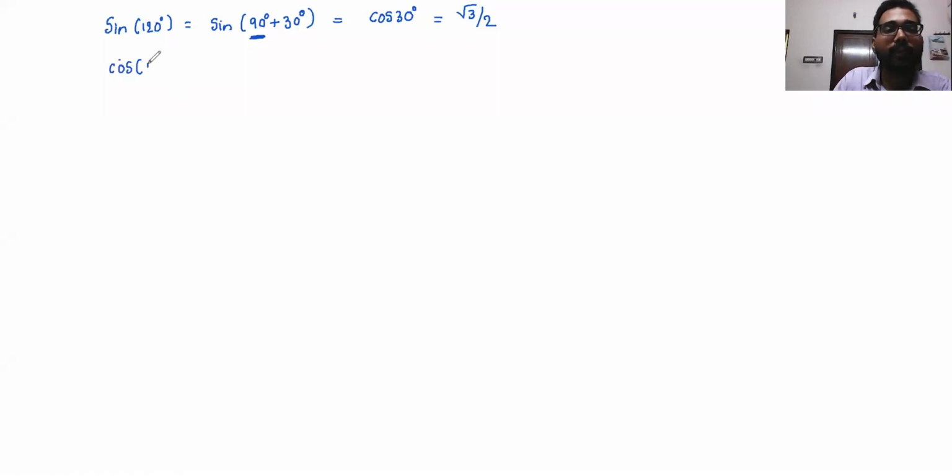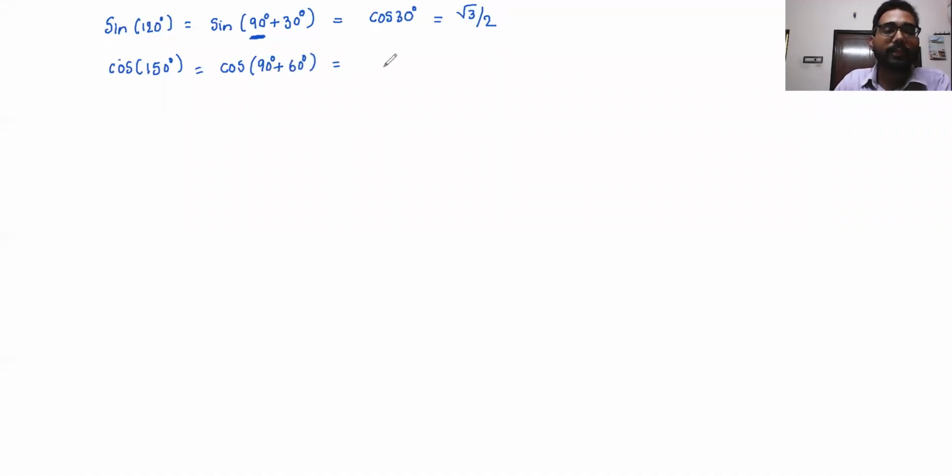Suppose I want to find cos 150 degrees, so we can write it as cos of 90 degrees plus 60 degrees. We can write it like this.